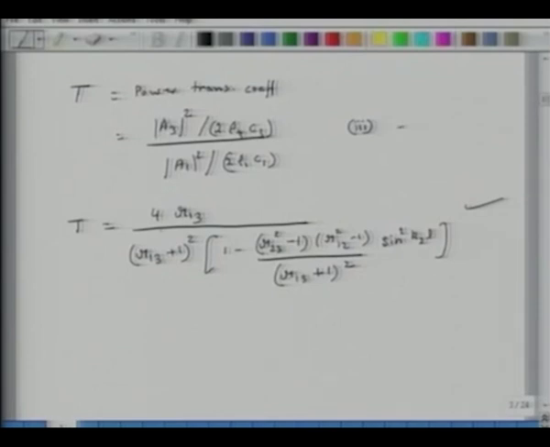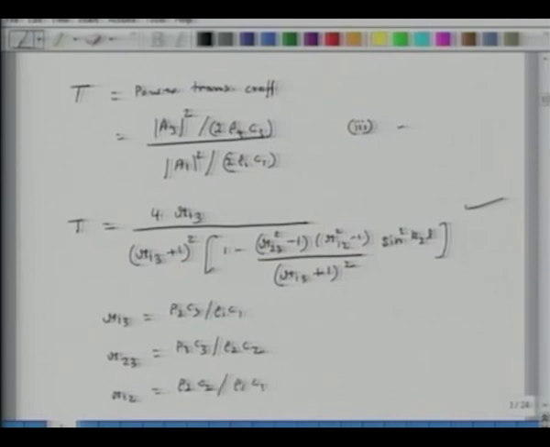And these R's are ratios essentially. R13 is rho 3 C3 over rho 1 C1. R23 is rho 3 C3 over rho 2 C2, and R12 equals rho 2 C2 over rho 1 C1.